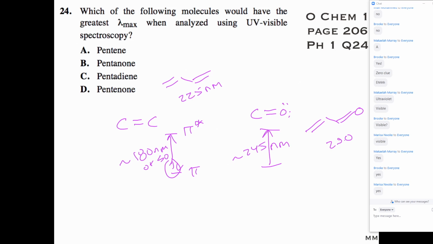I'm ignoring some of the other R groups, but this is a good educated guess. Now you may learn this is more like 260, 270, 280, depends on the R groups, by all means. You may learn this goes up by 50 or 55, depends on the R groups. So this is a general rule of thumb. But generally, the greatest lambda max, is that going to be conjugation or no conjugation?